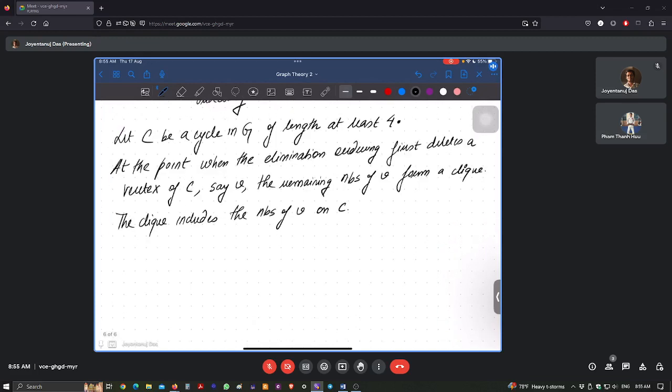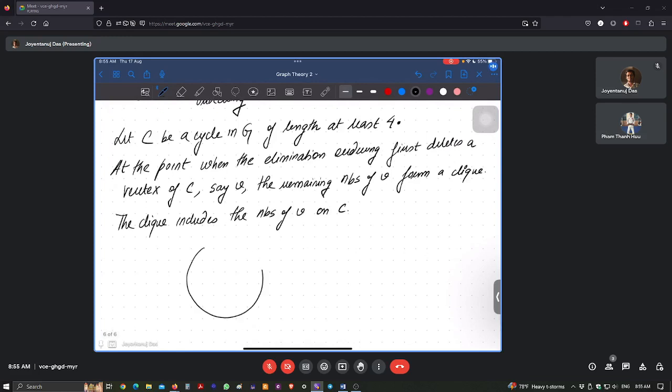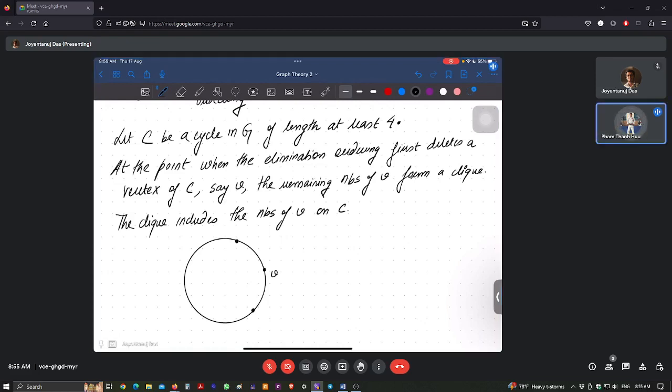So suppose you have a cycle like this, and suppose this is your vertex V. Suppose it has two neighbors like this, X and Y, right?